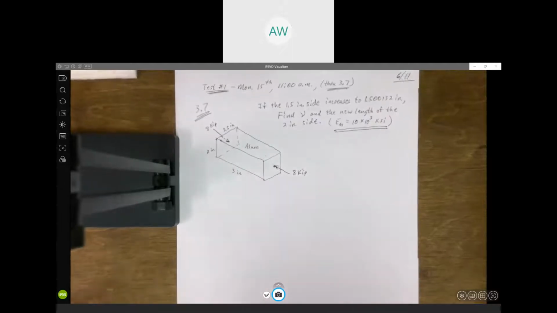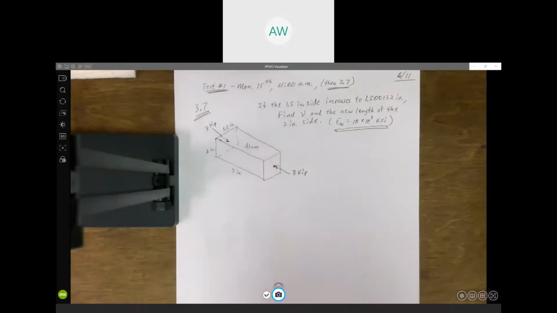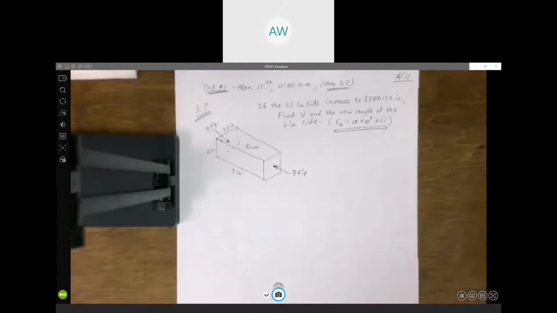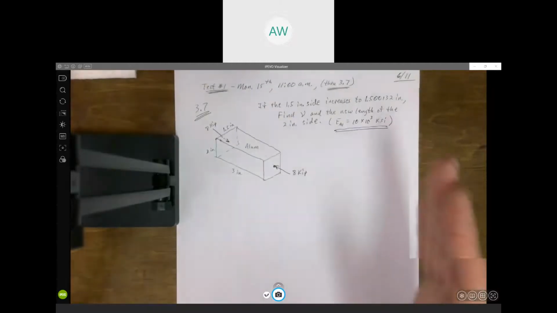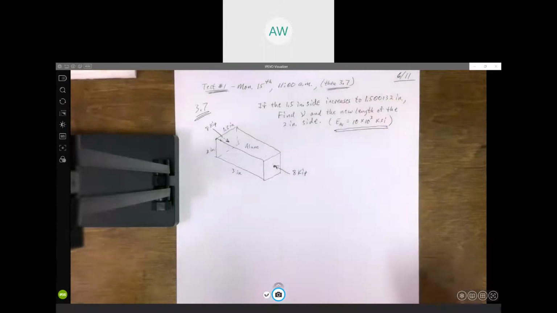So we got this bar, we're compressing it. Notice one thing we did talk about yesterday, that if you have an axial load or an axial deformation caused by that load, then if it stretches and gets longer, it's going to shrink and get shorter in the other two lateral directions. Whereas in this case, we're compressing this thing.